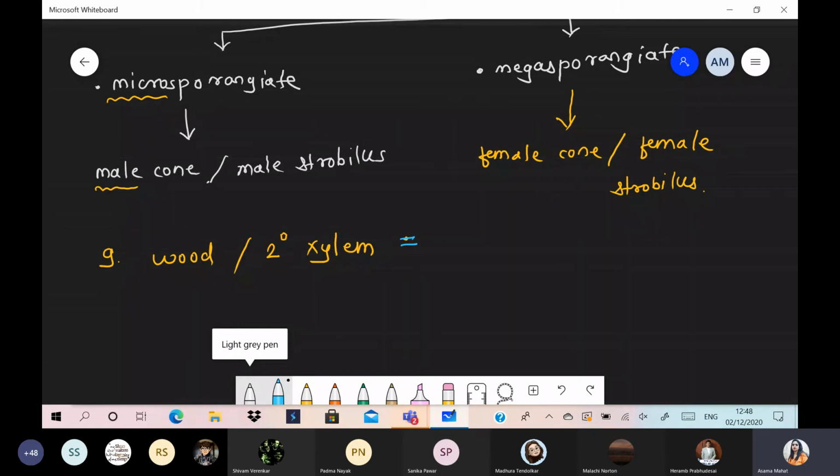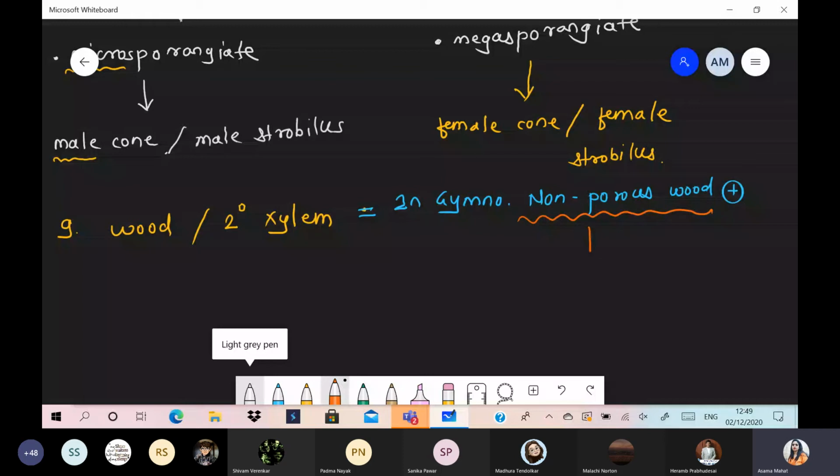And here we are talking about the wood present in the gymnosperm. In the gymnosperm, non-porous wood is present. What is the meaning of non-porous? Pores are absent, right? And why do we say non-porous wood is present? Because in most gymnosperms, vessels are absent. And if vessels are absent, it means pores are absent in the wood. Such wood is called non-porous wood.